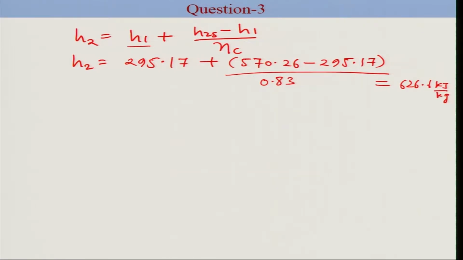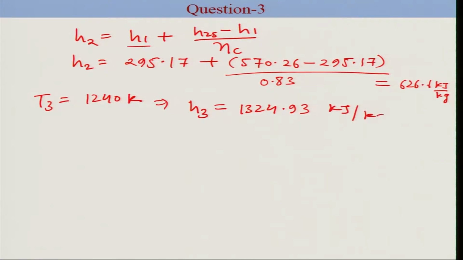It is given in the question that T3 equal to 1240 Kelvin. Okay. So, from the properties of air, we get H3 equal to 1324.93 kilojoule per kg, and PR3 equal to 272.3. Okay.